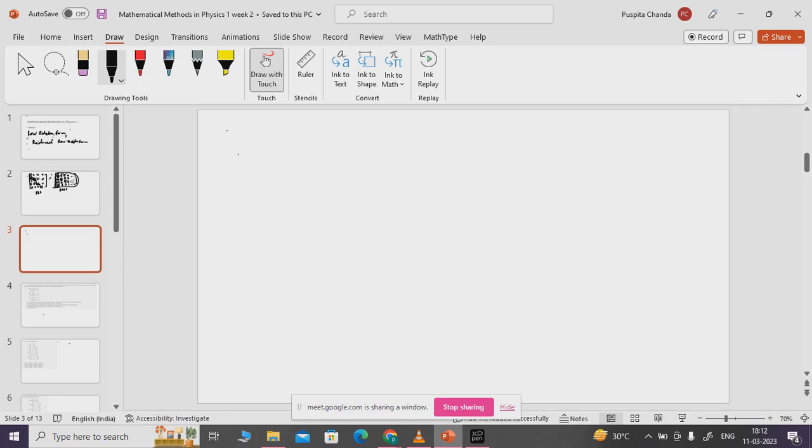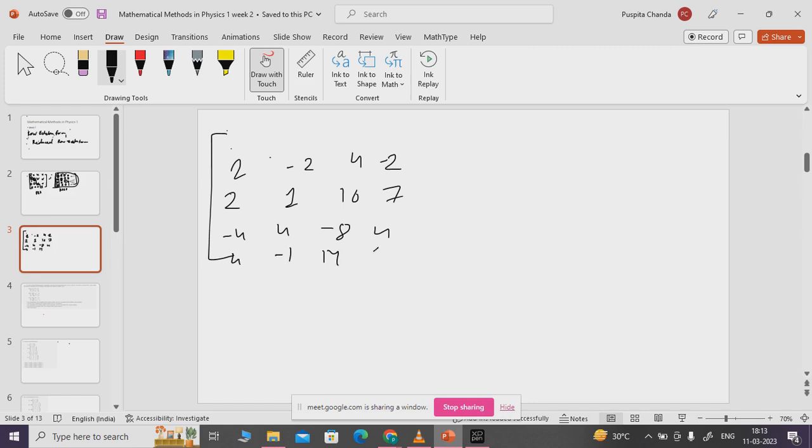So here is an example. The matrix is 2 minus 2 4 minus 2, 2 1 10 7, minus 4 4 minus 8 4, 4 minus 1 14 6.